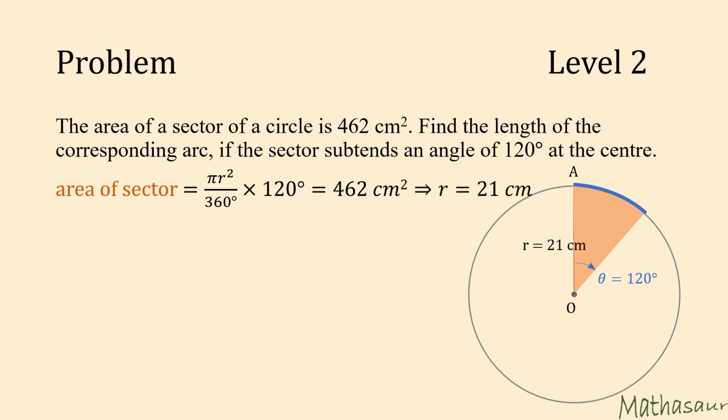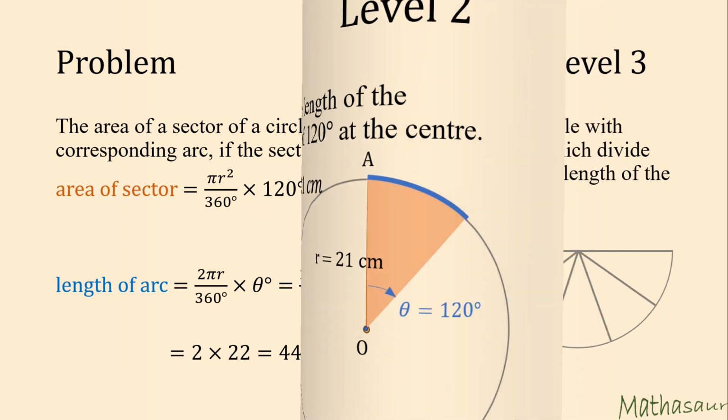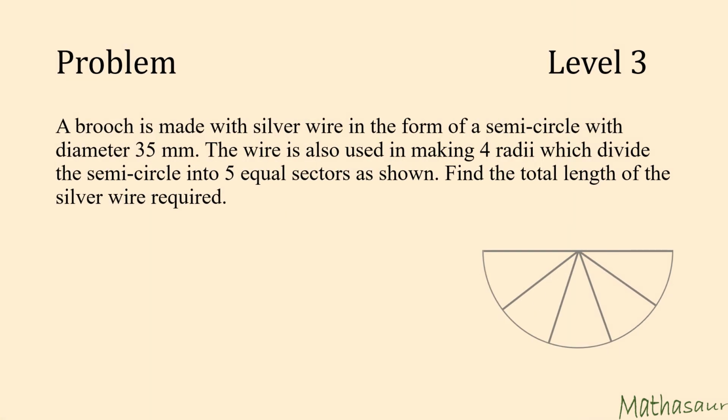Now we know r is 21 centimeters and theta is 120 degrees. So we could apply the formula for finding length of an arc. Let us substitute the values, simplify, and we find that the length of this arc is 44 centimeters. Let us look at another problem.